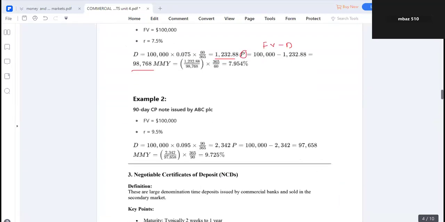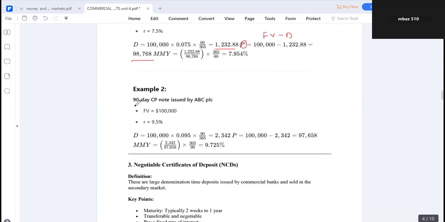All right, so suppose we have a 90-day commercial paper issued by a bank or ABC Limited, with a face value of 100,000 and a discount rate of 9.5%. So this did not come in the exam. It is another example from the textbook. So the same principle: the discount is face value times 9.5%, 90 days over 360, we get our discount of 2,300.